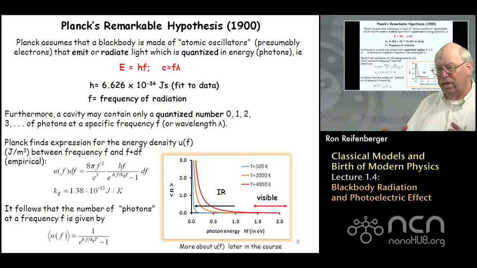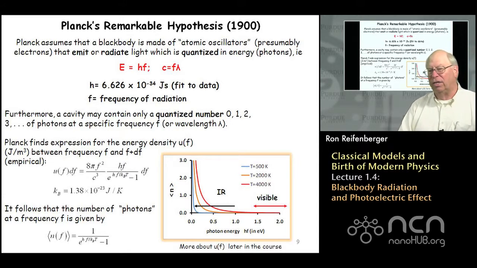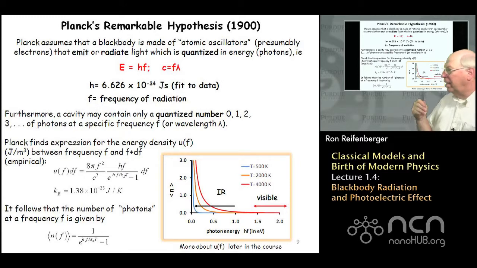Rather than consider the light inside the cavity as standing modes of the cavity that were determined by the dimensions of the cavity, he said that maybe these atomic oscillators that emit radiation, maybe those atomic oscillators emit light which is quantized in energy, and he quantized the energy of the light by his famous equation, which says the energy of this quantized light is equal to some constant h, which is now known as Planck's constant.